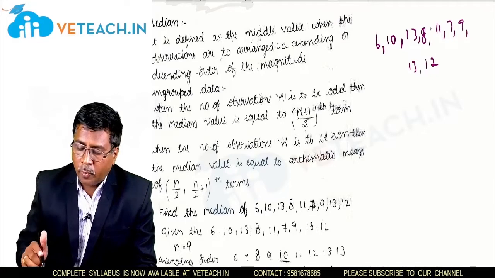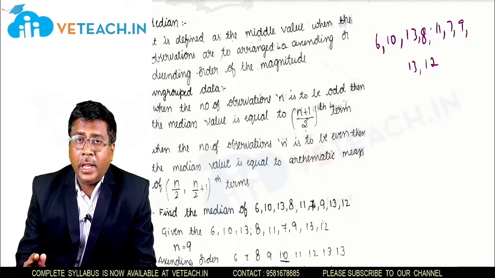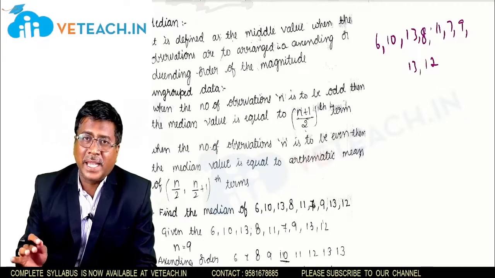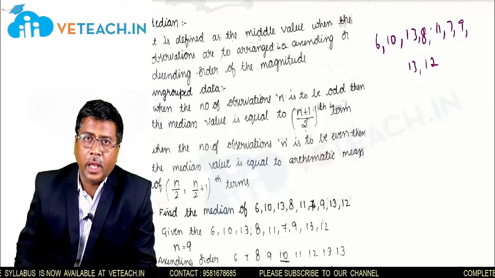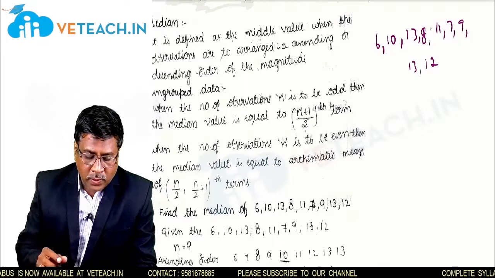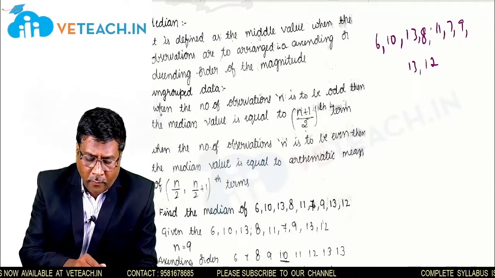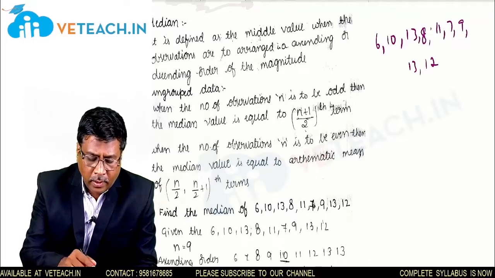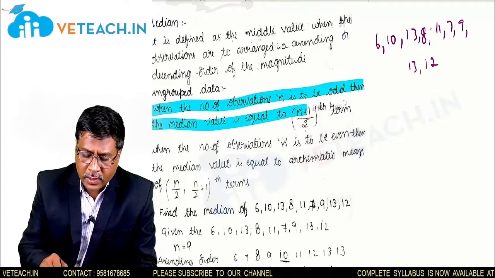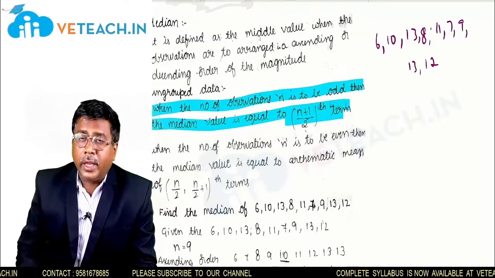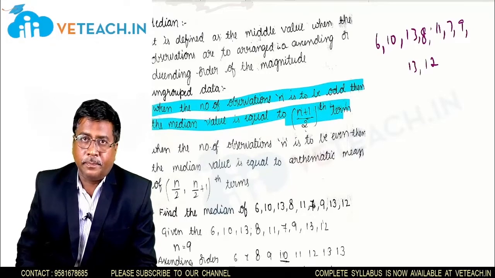This is called ungrouped data. For ungrouped data, depending upon the number of observations in the raw data, we have a formula for the median. Suppose in the ungrouped data the number of observations n is odd, then the median is the (n plus 1) by 2th term.